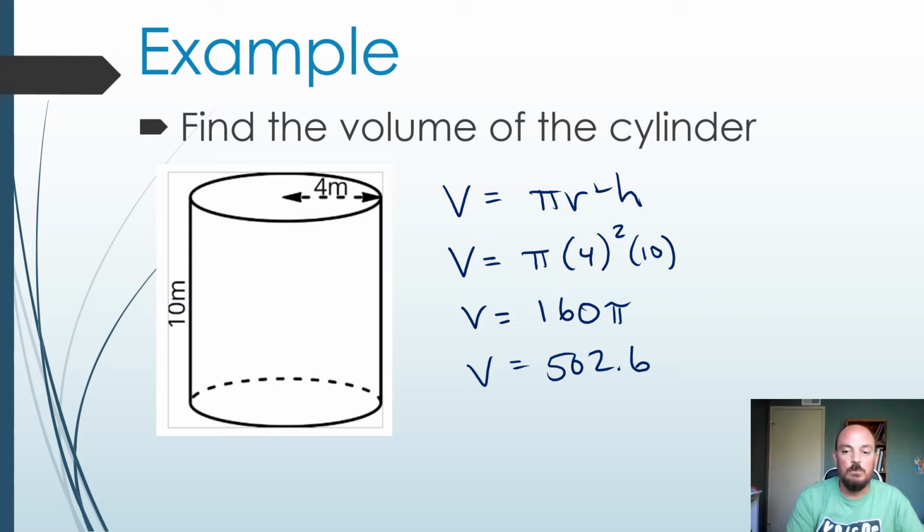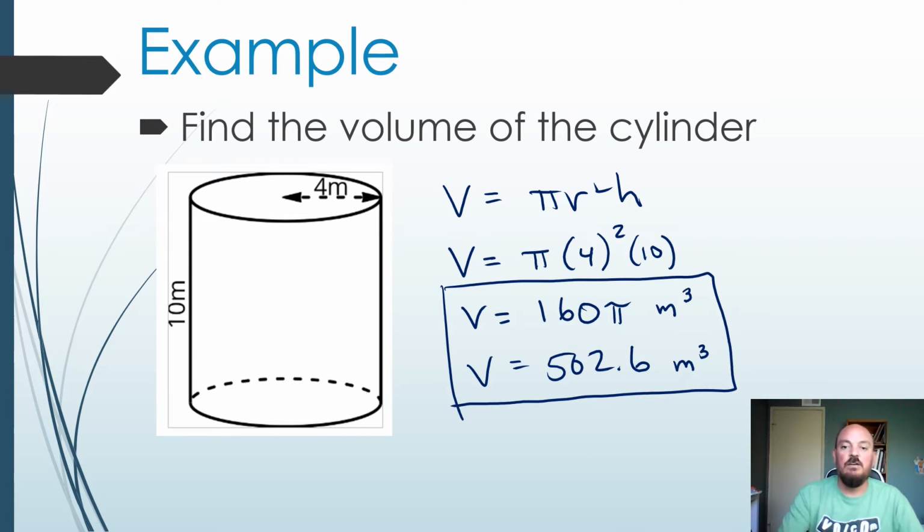Now, again, those are both the answer. 160 pi is the exact answer. 502.6 is the approximation. But since this is volume and we're measuring in meters, either one would be measured in cubic meters. So we can use either of these answers. But the units should definitely be cubic meters.